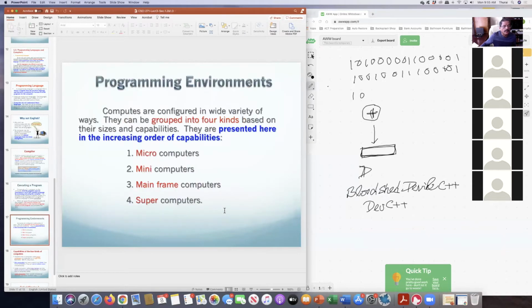So let's now understand programming environments that we normally have to deal with. Basically, what kind of computers are out there? The microcomputers are the most common ones. They are designed to be computers for individual use, and they are the desktops and laptops. They're basically personal computers designed for one person to use.